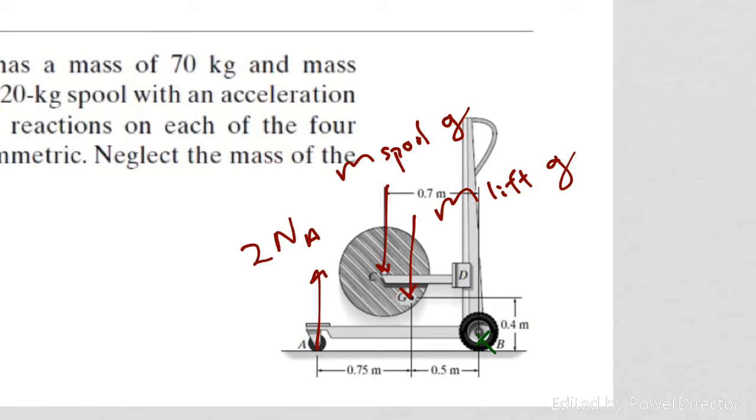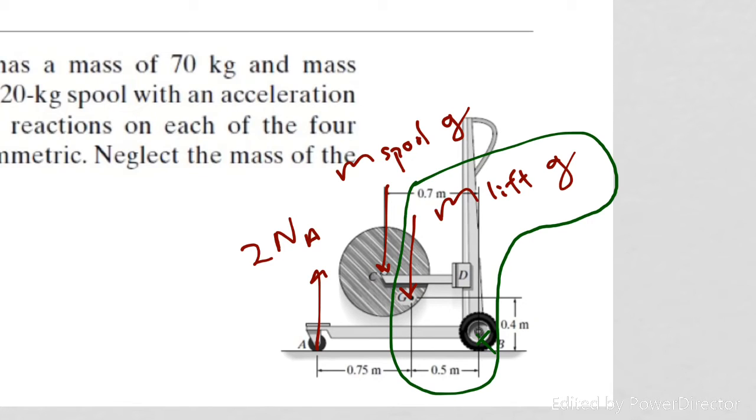So now we can start to do a calculation for that. For my first moment, I will choose this. And the distance towards B will be 0.5. That will be my moment 1. M 70, G is the gravity acceleration, times the distance 0.5.